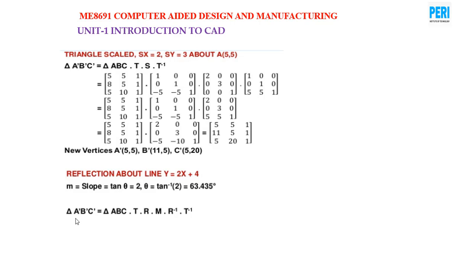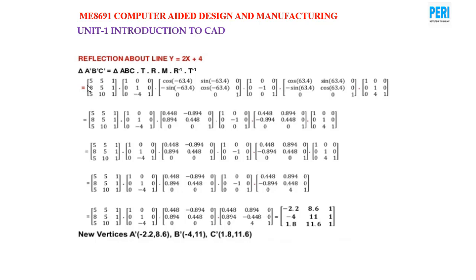Then triangle A'B'C' equals triangle ABC, then the translation matrix, then the rotation, mirror, inverse of rotation, because it is a mirror, no? Rotation, mirror, and inverse, and translation inverse. So this 5, 5, 1, 8, 5, 1, 5, 10, 1 is the triangle ABC coordinate points. The translation is from the line only.